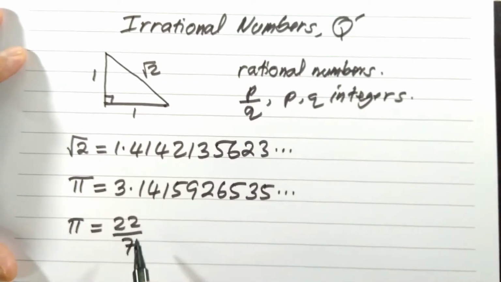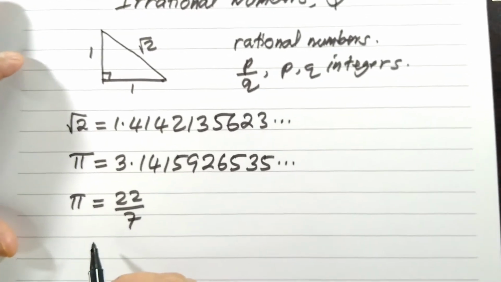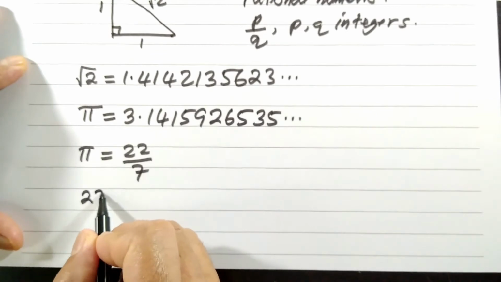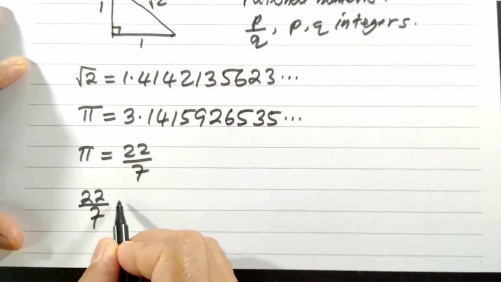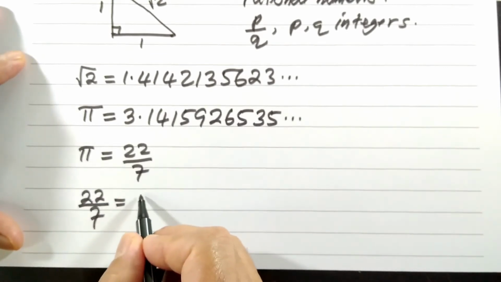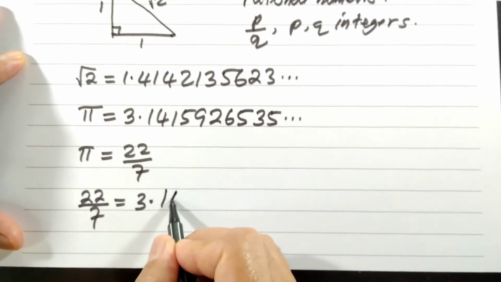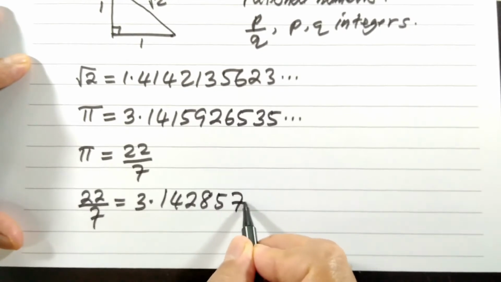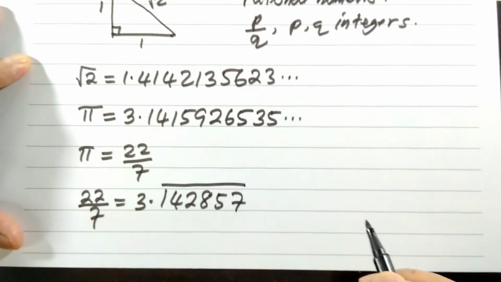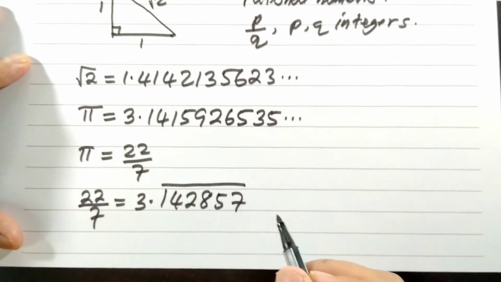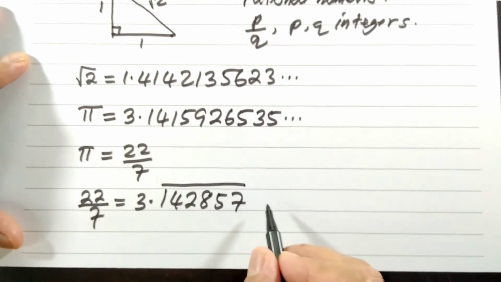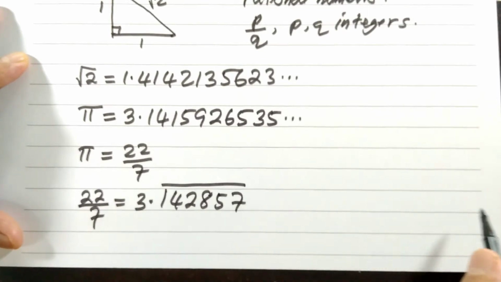Now, let's write down the value of 22/7 in terms of decimal. It is actually 3.142857 with a bar above these 6 digits. That means 142857 repeats itself infinitely many times as we go along to infinity.